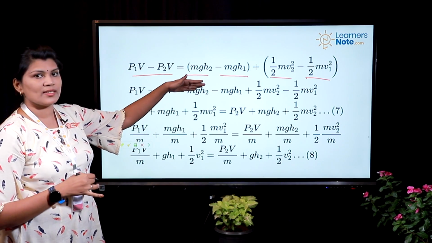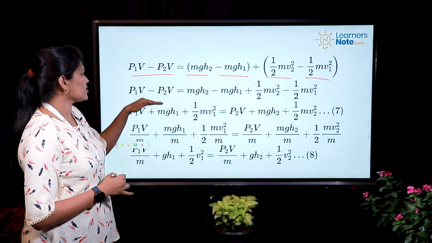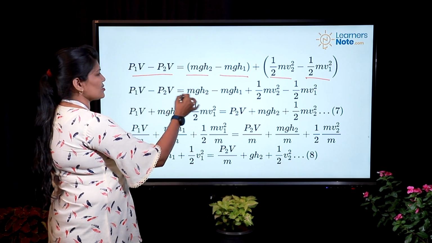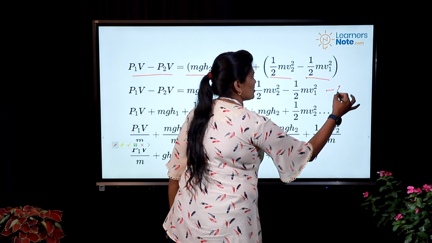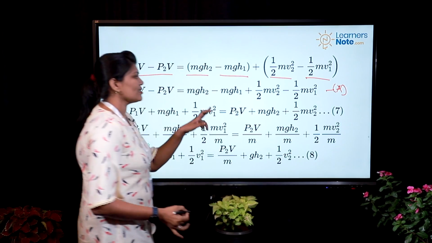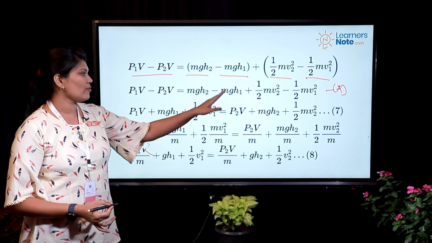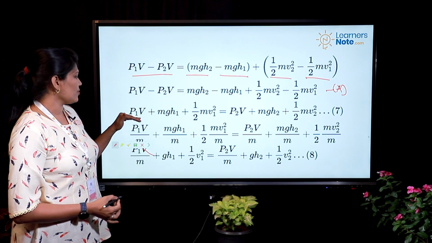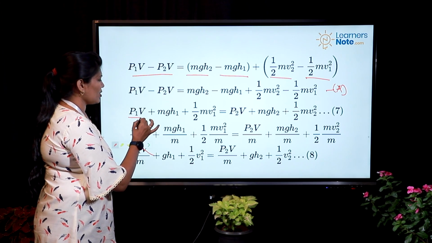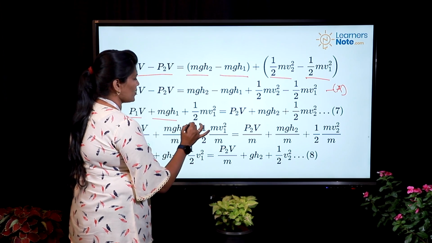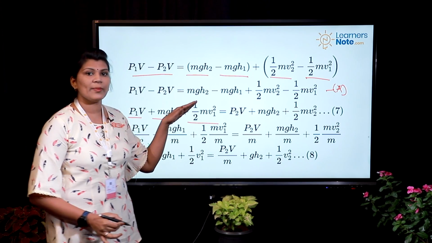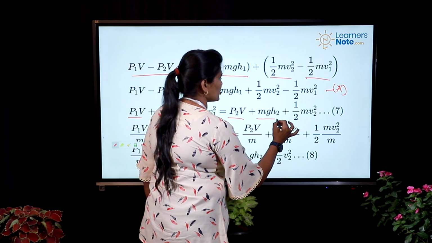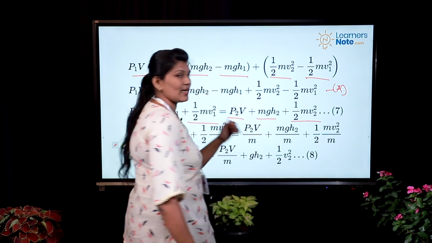Then expanding, that is by opening these brackets, the same equation will be like this, the second line. This is equation A. Then rearranging all the 1 terms on one side and all the 2 terms on the other side: P1V plus mgh1 plus half mv1 square on the left side, and P2V plus mgh2 plus half mv2 square on the right side.